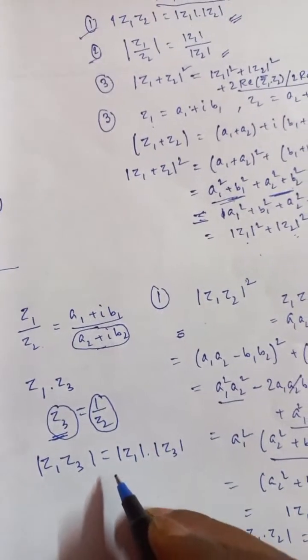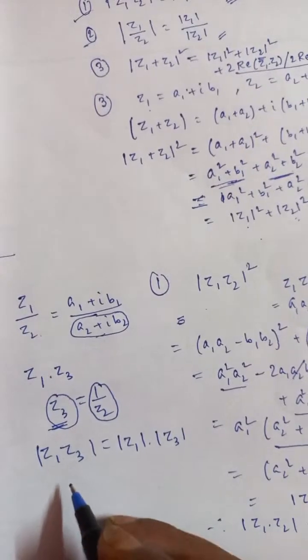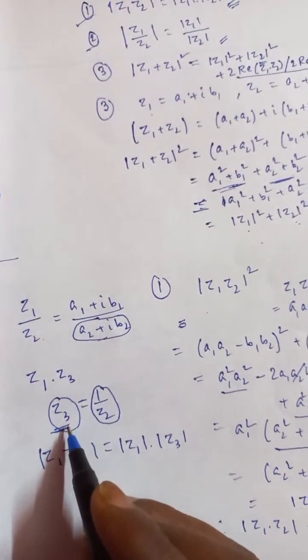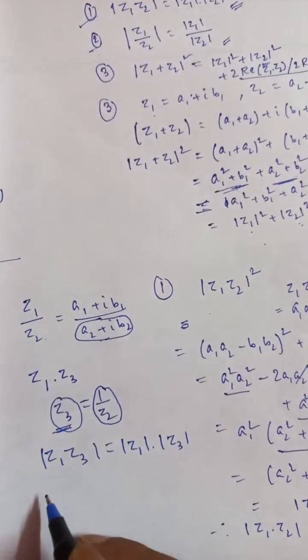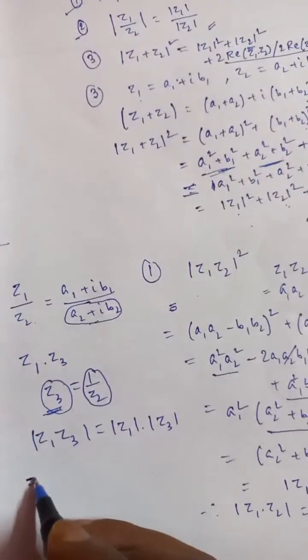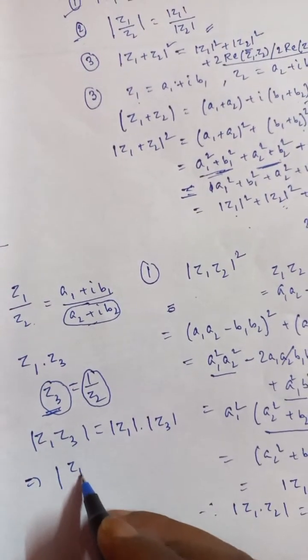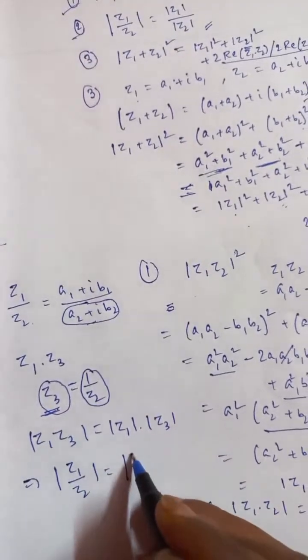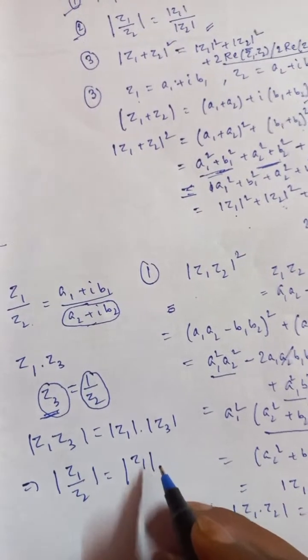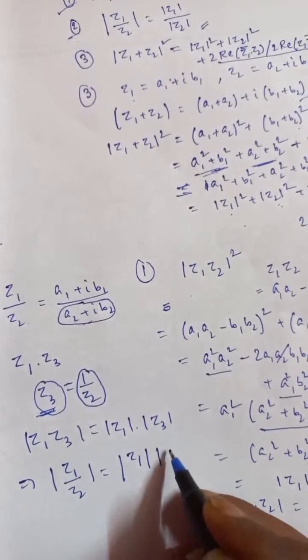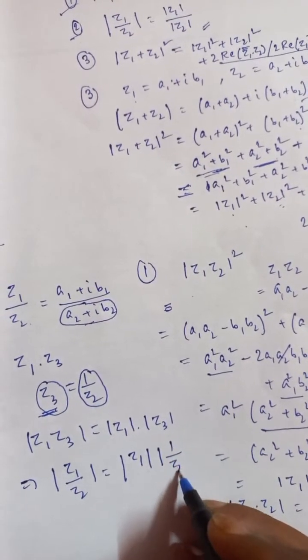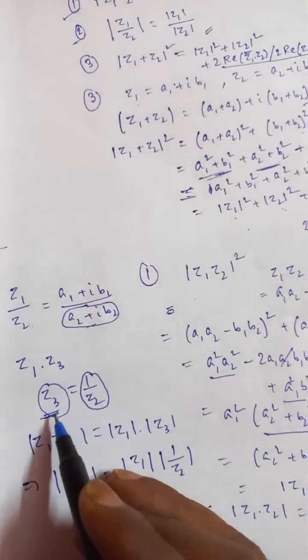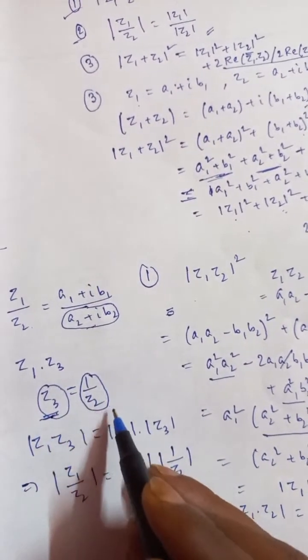And if we now put the value of z3 as 1 by z2, we will get mod of z1 by z2 is equal to mod of z1 and mod of 1 by z2. Just taking z3 as 1 by z2.